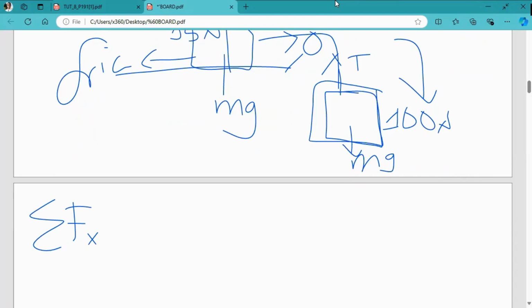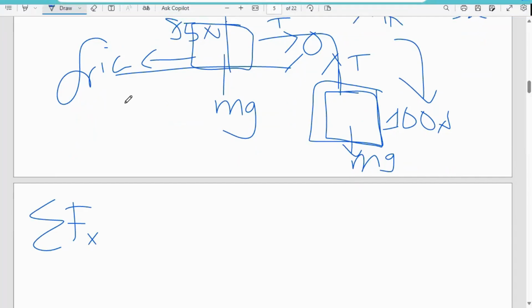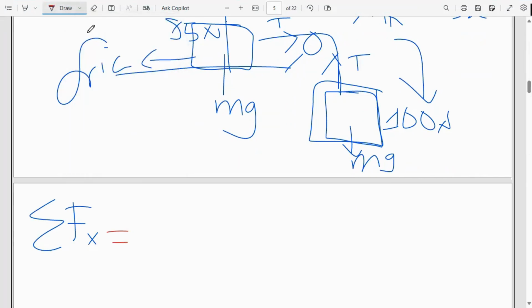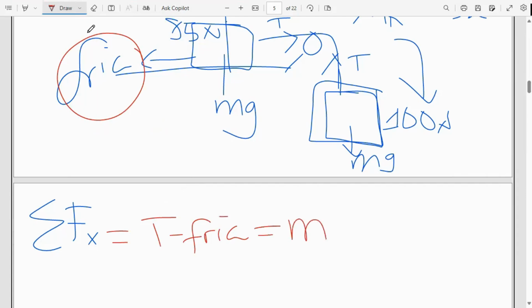So the summation of forces in the x-axis will be equal to tension, which is positive, subtracting the negative force, which is friction. This will be equal to mass multiplied by acceleration, like that.